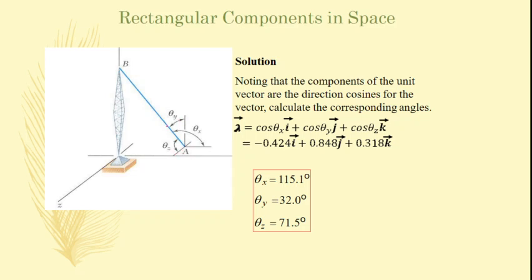The force makes an angle with the horizontal axis x, which is theta x, with the vertical axis y it is theta y, and with the z axis it is theta z. From the previous relation we can also write that lambda, the unit vector, is equal to cos theta x i plus cos theta y j plus cos theta z k.